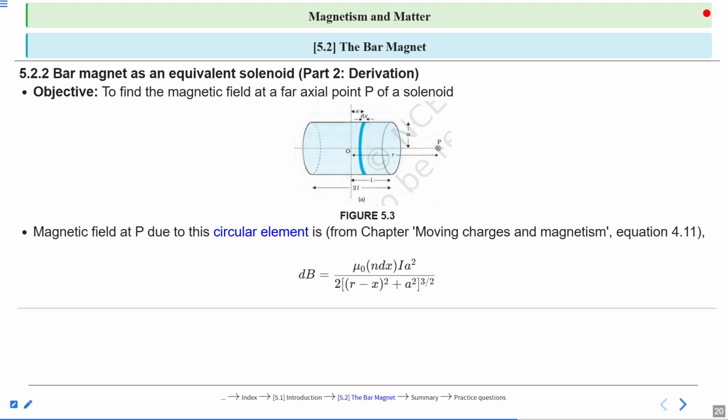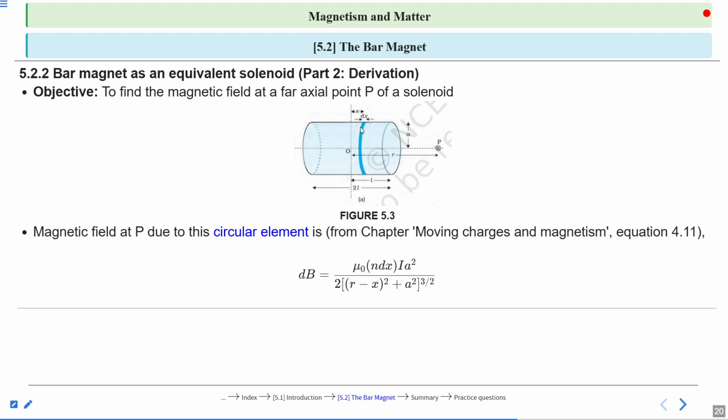Now in this equation, N, the number of turns in this small section, is n into dx. We put this in. The radius here is a, in place of capital R. And in place of x, the axial distance from the center of the loop: this circular element is at a distance x from the center, and the distance of point P from the center is r.